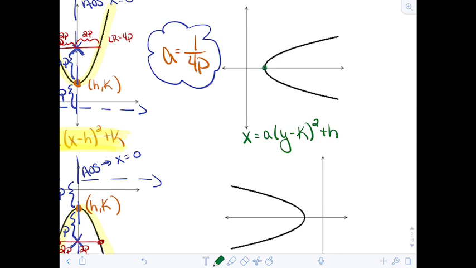So we still have a vertex of hk on both the top and the bottom. Now my axis of symmetry is actually horizontal. My axis of symmetry would be y equals 0, and the same case in the one opening to the left. Axis of symmetry is y equaling 0.